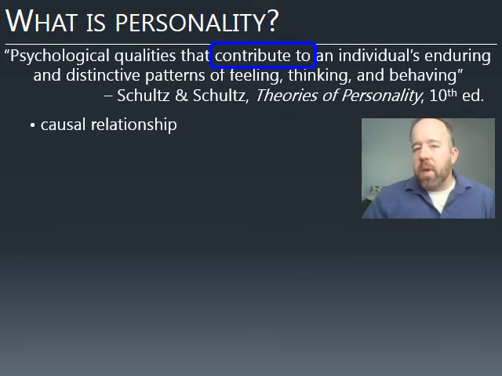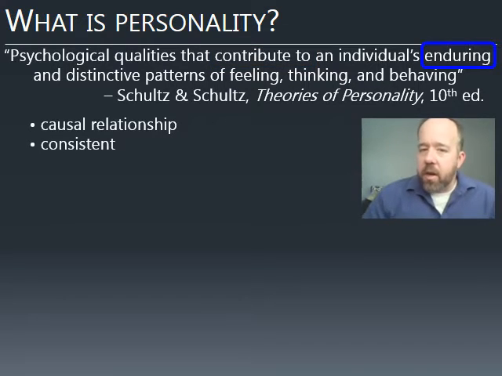So the idea that personality causes behavior, certainly early theories of personality thought that was true. As we'll see next time, later theories say, well, maybe the situation the person's in has a lot to do with the way they act as well. So there is a debate as to how much contribution personality makes to eventual behavior, but there is always that idea of a causal relationship.